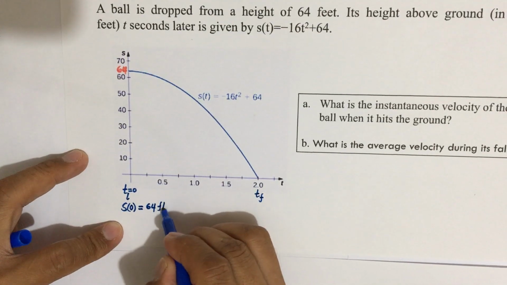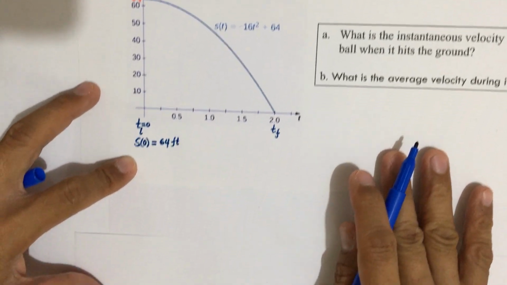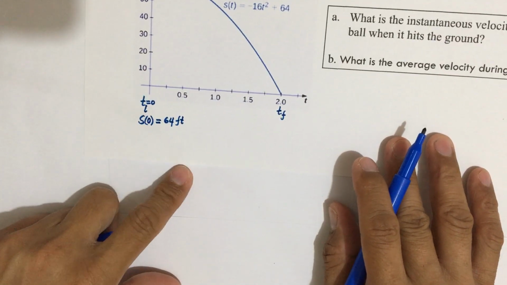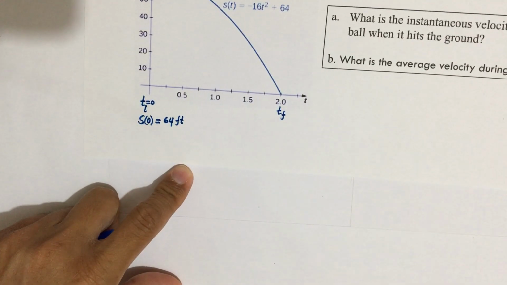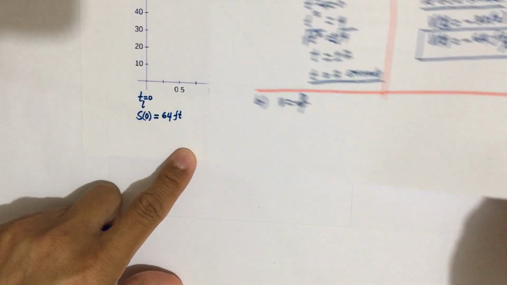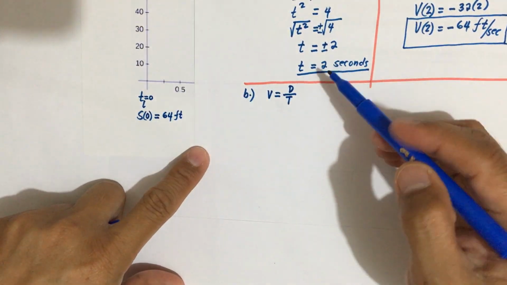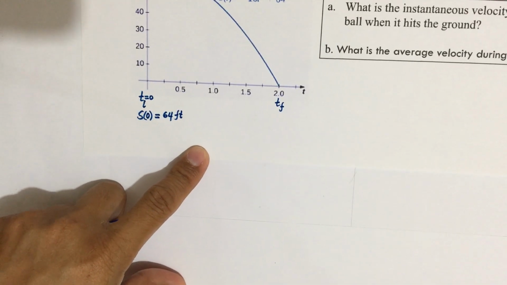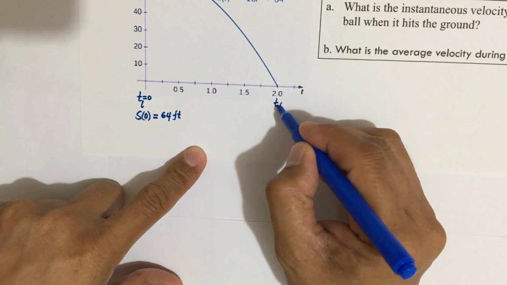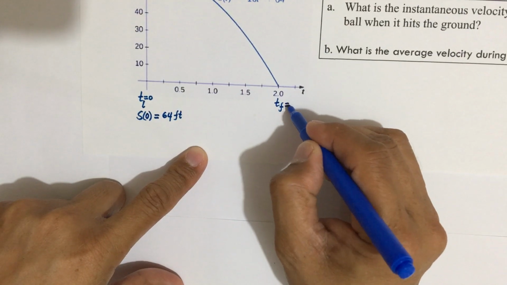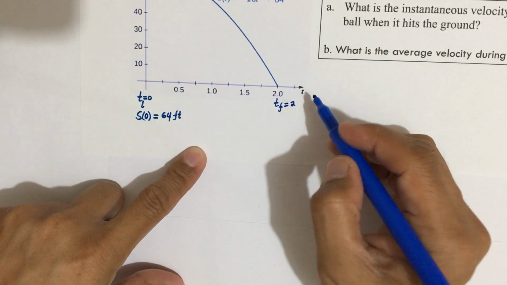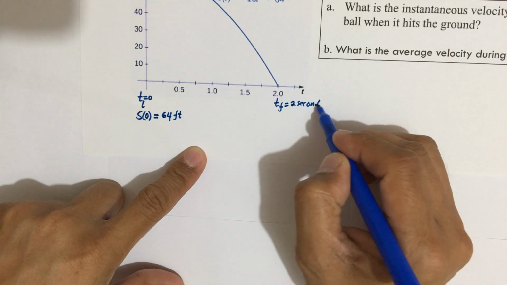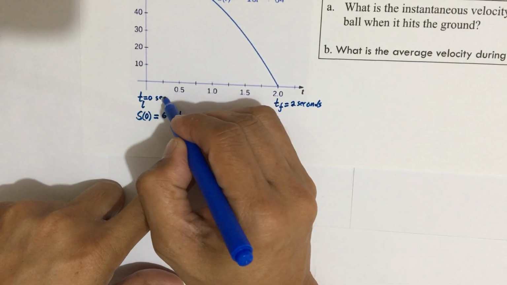This is the position of the ball at t equal to 0. Now, a while ago we solved t equal to 2 seconds. So that is our final time. So our final time tf is 2 seconds. That is done in our calculation. This is 2 seconds. This is 0 seconds.